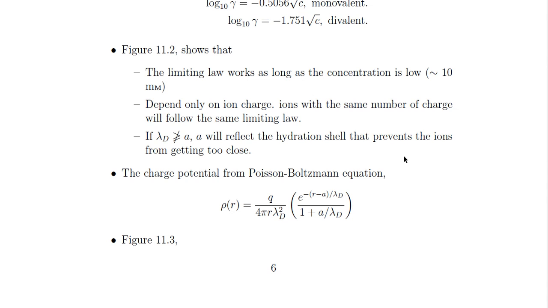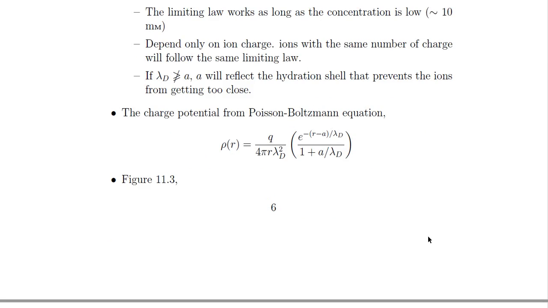The charge potential for the Poisson-Boltzmann equation: putting the solution back in, we can get this figure 11.3. If we play with these numbers, changing r and fixing a, lambda D and Q, we can see the distribution of the ions depends on r.